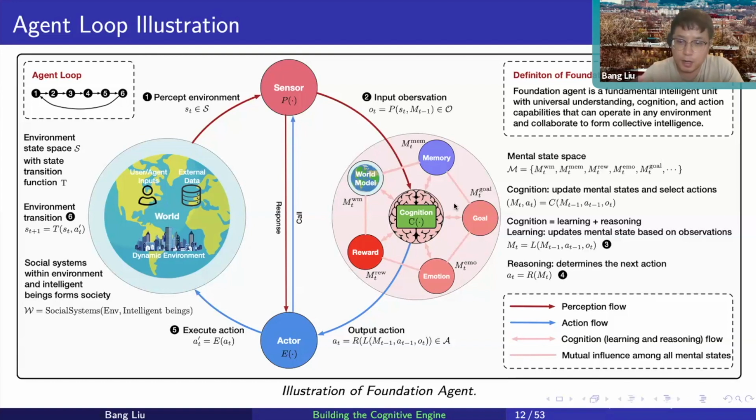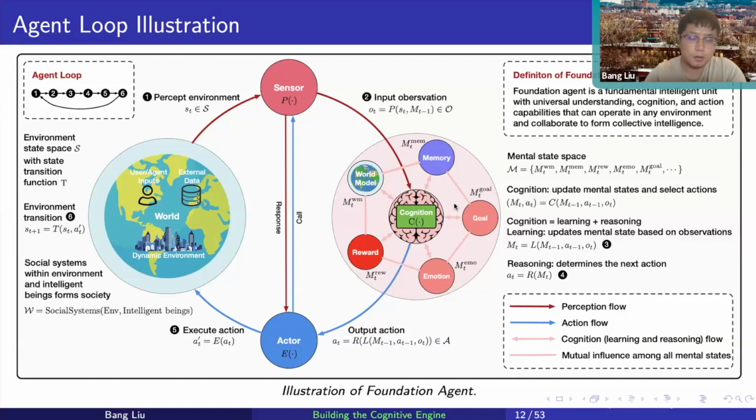You can consider this action as a sort of mental action. For example, maybe you want to execute some action in the physical world, so you need to turn it into executable real-world actions. So you have an actor which can execute this action and impact the real world. That's why we have execution.